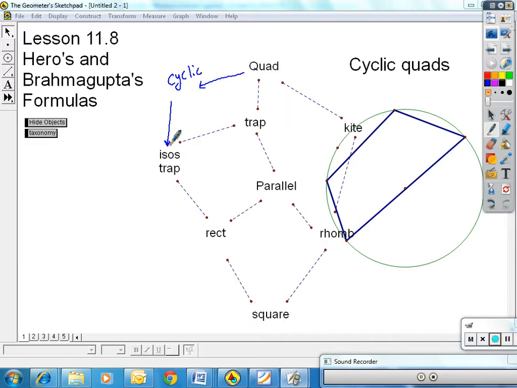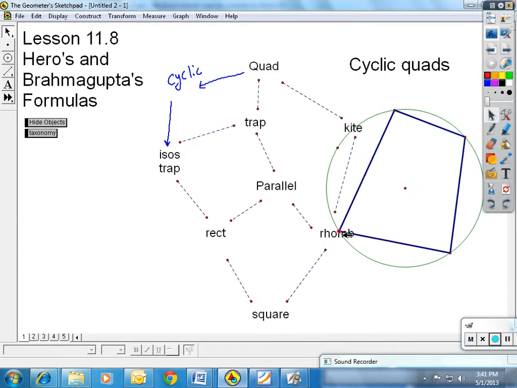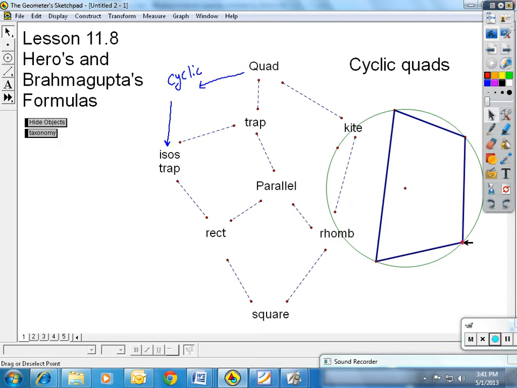Now our objective today is to find the area of a cyclic quad. There is a formula for finding this area. Now you think about what that formula is going to look like. What I mean by that is, just by looking at my taxonomy, we should be able to make some observations right off the go.